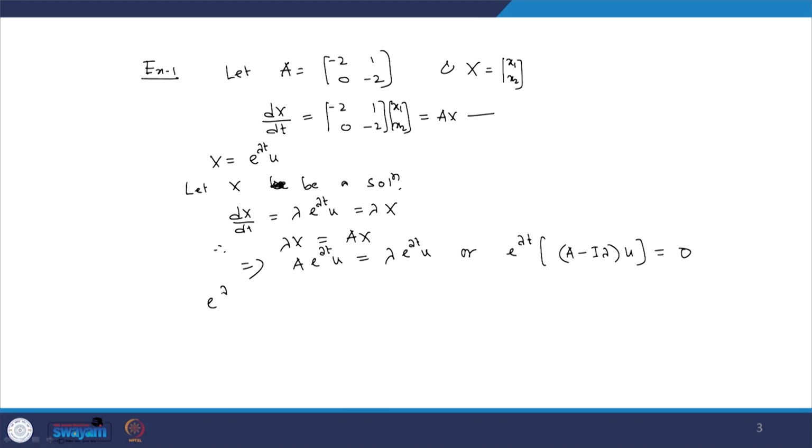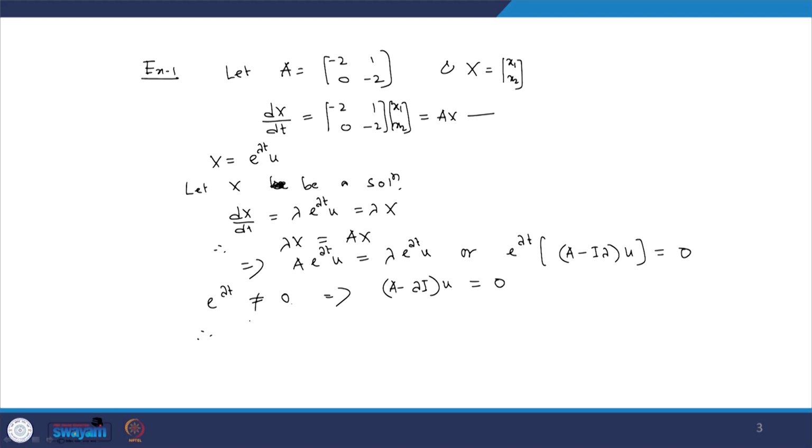E to the power lambda t is not equal to 0. So, this implies (A minus lambda I) operating on u must be equal to 0.